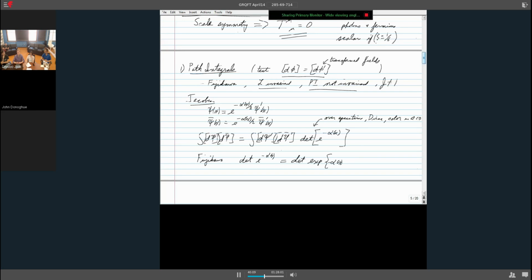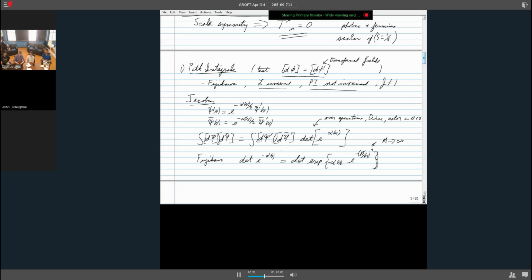Normally you would just say that that's a constant. We wouldn't bother with it. We'd just throw it away. But Fujikawa's insight was that to make this well-defined, you have to regularize it somehow, and he proposed some gauge invariant regularization.